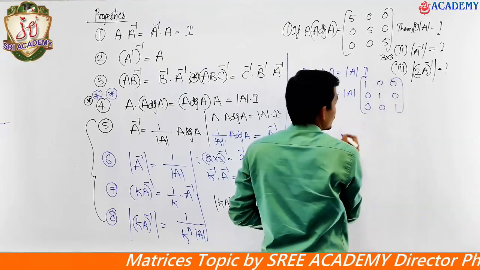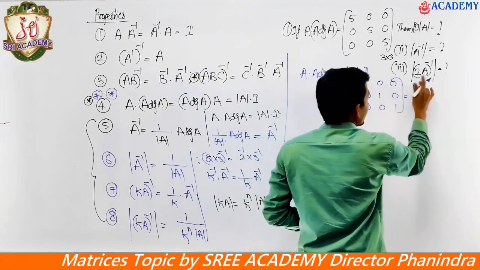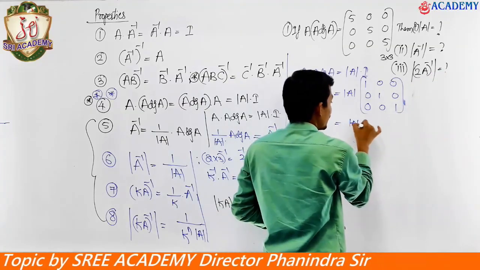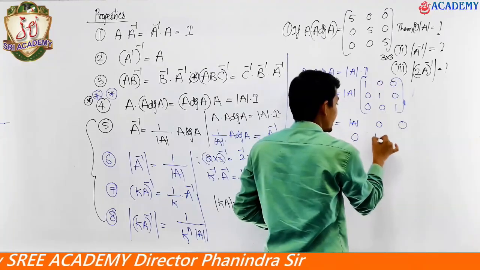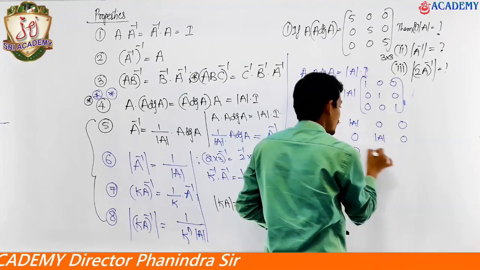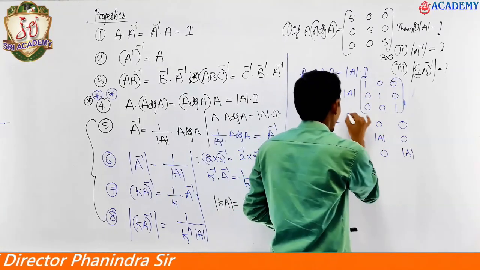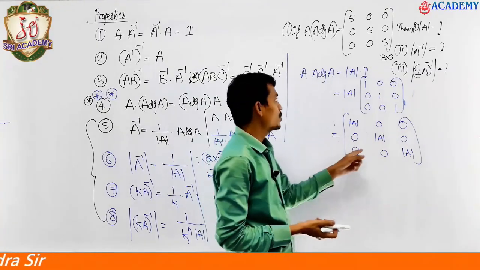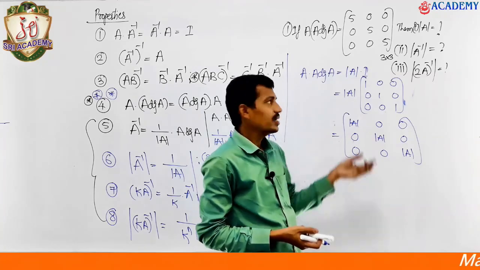Simply it is going to be determinant of A on the diagonal: determinant of A 0 0, 0 determinant of A 0, 0 0 determinant of A. You have to write it like this, but we don't know the order.